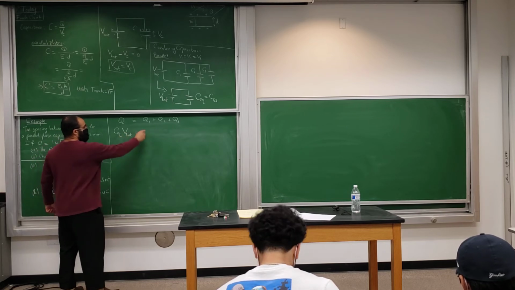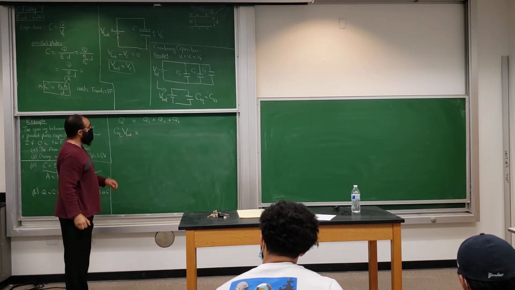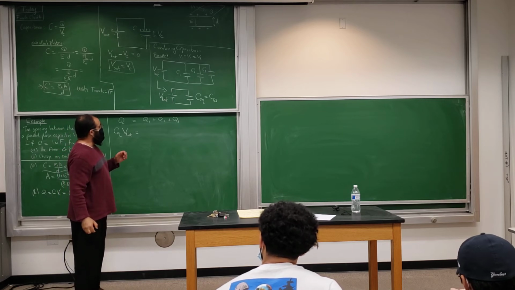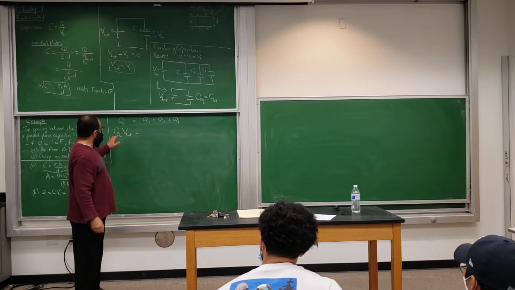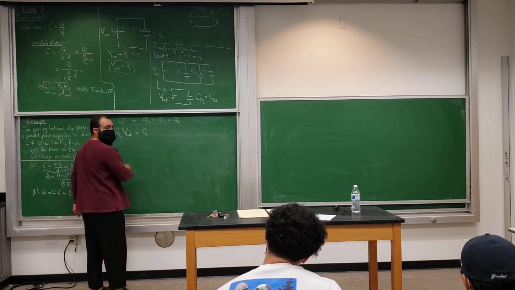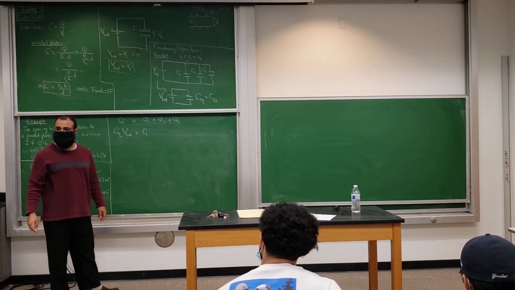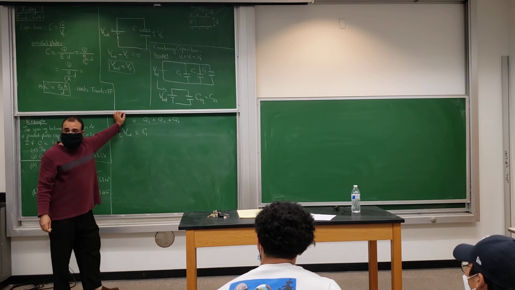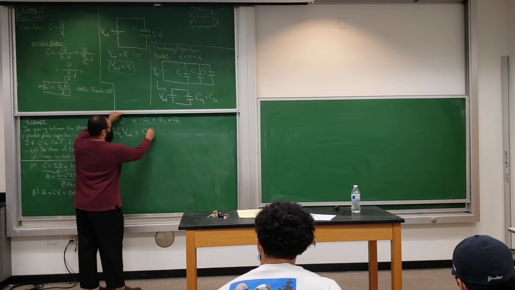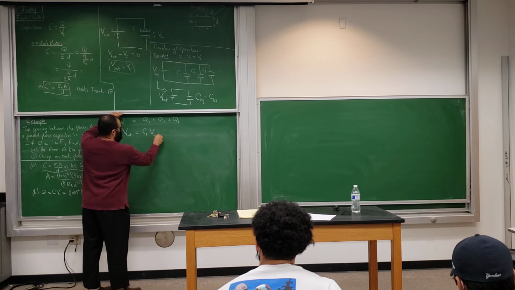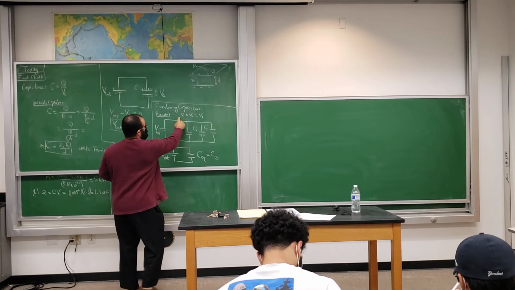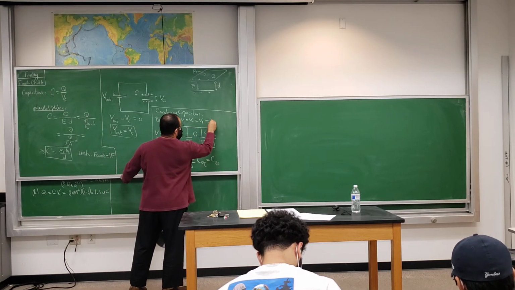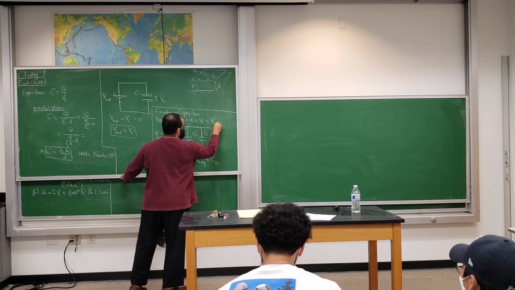Now, capacitor 1, the charge on it, would be C1 times V1, right? The voltage across capacitor 1. But what's the voltage across capacitor 1? It's V battery also, right? Maybe I should have V1 equal to V2 equal to V3, and all of them are equal to V battery.